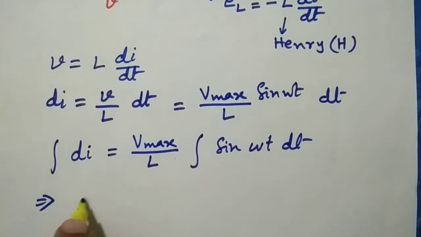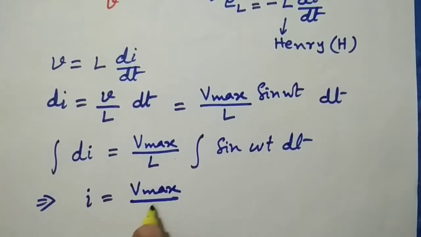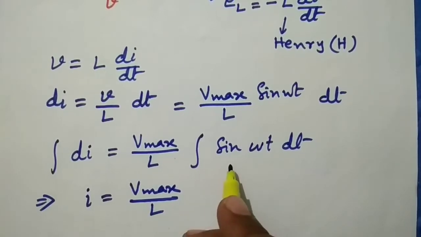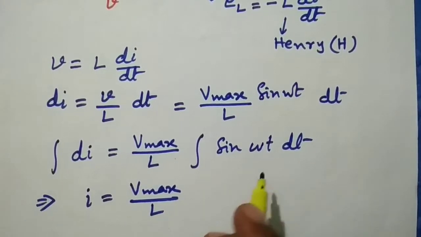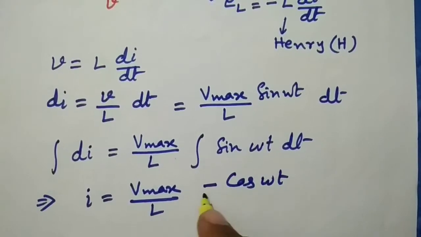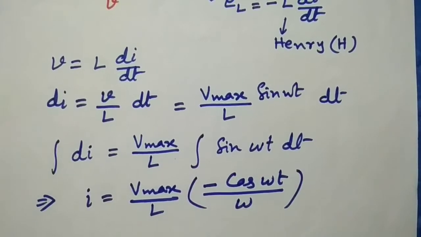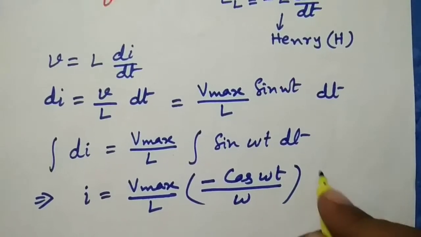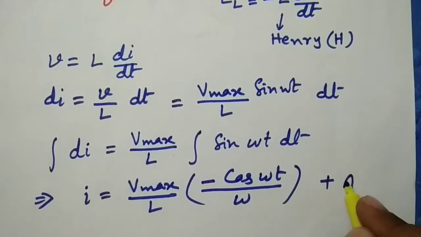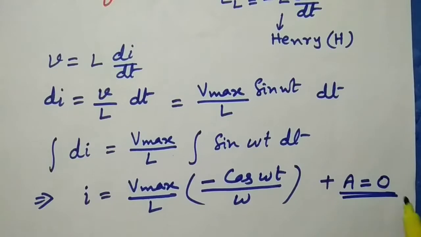Or I is equal to V max upon L, and if we integrate sine omega t with respect to t, we will get minus cos omega t upon omega plus some constant. At initial condition, this value will be equal to 0, so we can ignore it. The value of the constant is equal to 0.